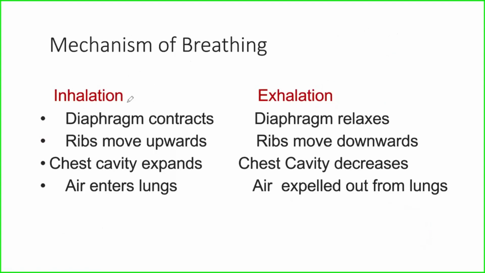Mechanism of breathing, the difference between inhalation and exhalation. During inhalation, when we inhale the air, the diaphragm contracts, the ribs move upward, and as a result the chest cavity expands and its size increases, and air enters into the lungs. During exhalation, the diaphragm relaxes and the ribs move downward, the chest cavity size decreases, and air is expelled out from the alveoli.